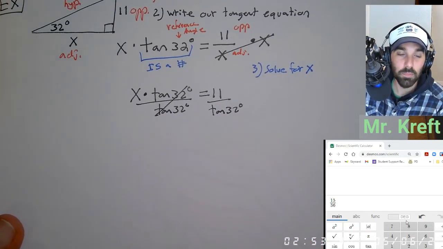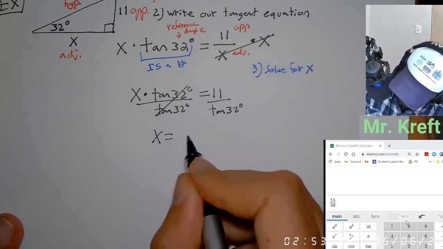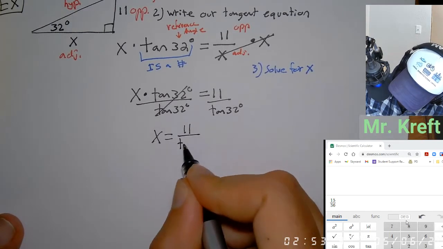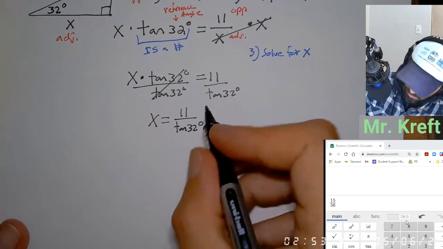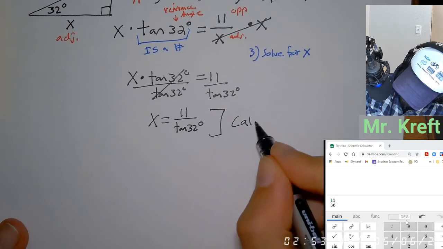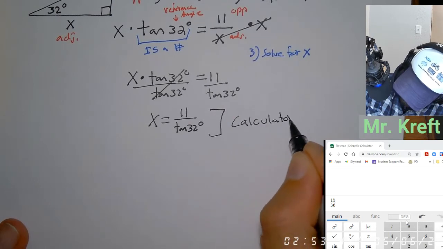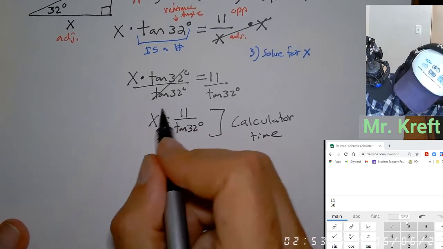Right? Because anything divided by itself is 1. So I get x equals 11 over tangent of 32 degrees. So all you have to do now is put this in a calculator. Right? So this is our exact answer, right?